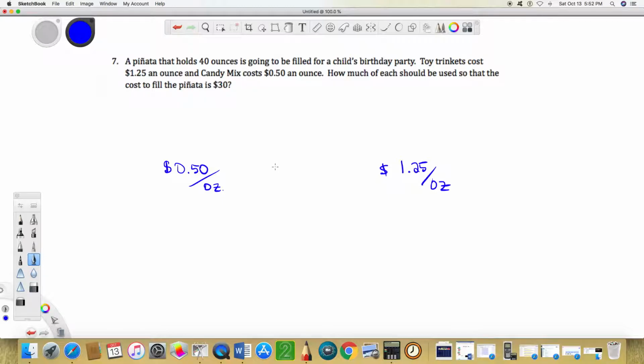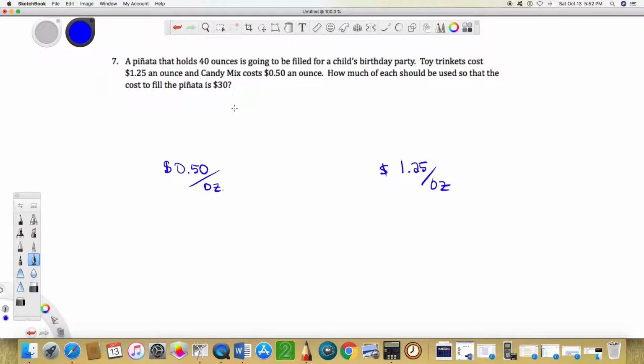We want our final mixture to be, well, they really don't give that to us, but they give us enough information for us to figure it out. We want to place enough of this candy mix and toy trinkets that this pinata holds 40 ounces so that it's worth $30.